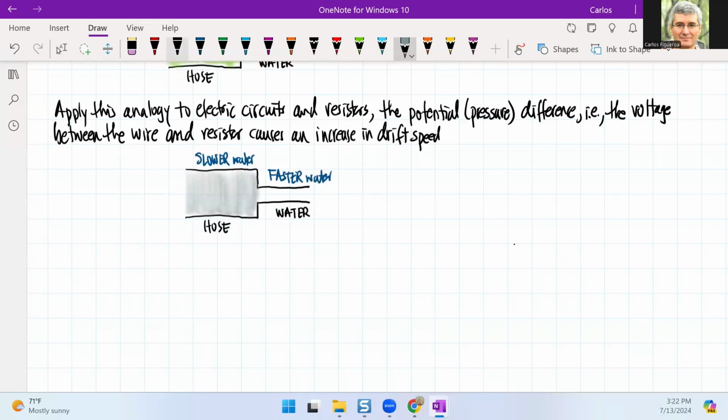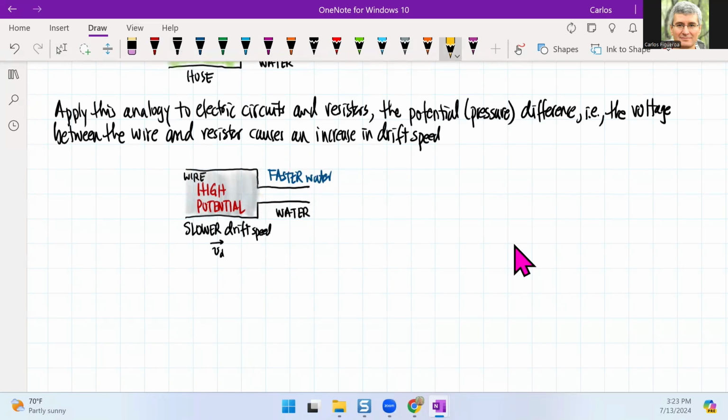And when I look at that wire, this now represents a high potential. And because I have a high potential, I'm going to get a slower drift speed. In other words, my drift speed here is going to be lower.